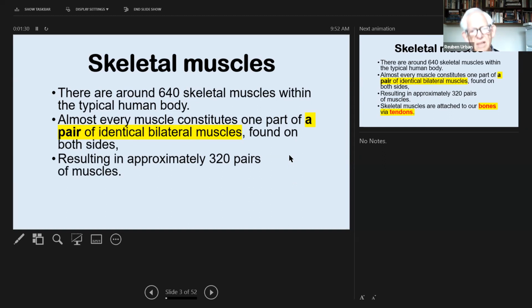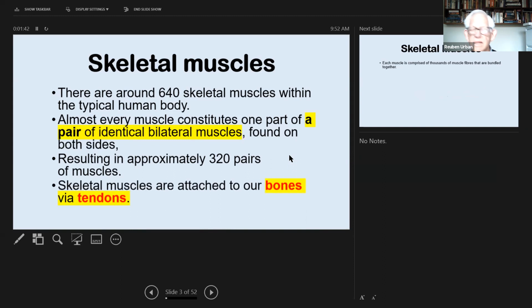There are a few discrepancies, but it's mostly right. So it means we have around 320 pairs of muscles, and they are attached to the bones, which they move, through tendons. I'll leave the explanation of tendons for later, but the muscles themselves are very interesting.